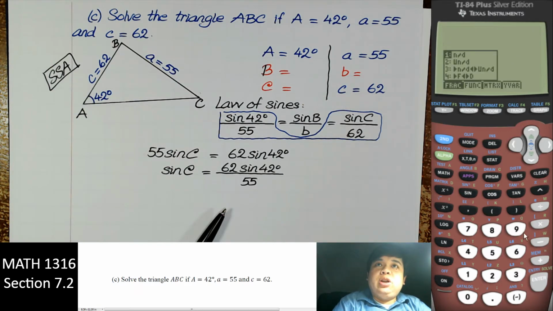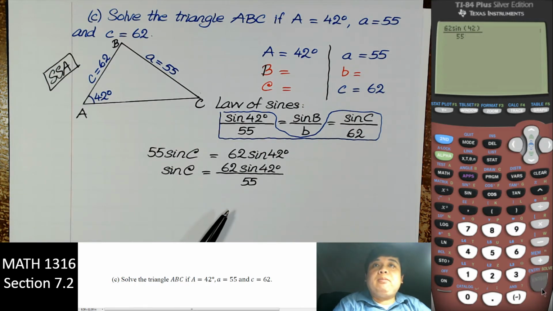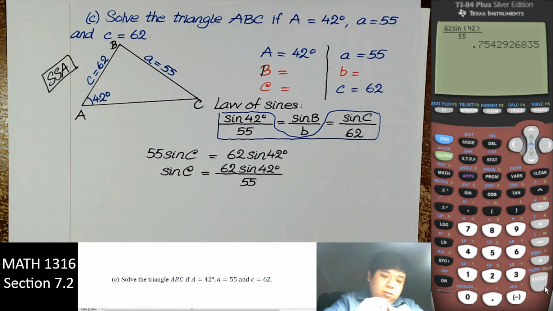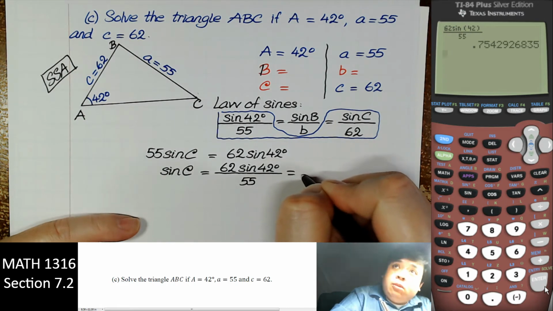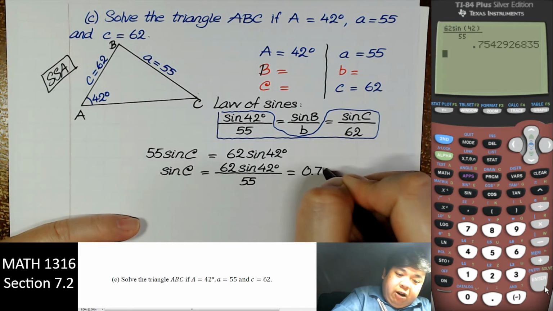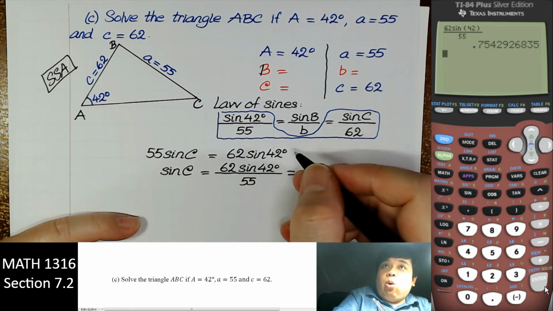Sine C equals 62 sine of 42 over 55, which is 0.7543.